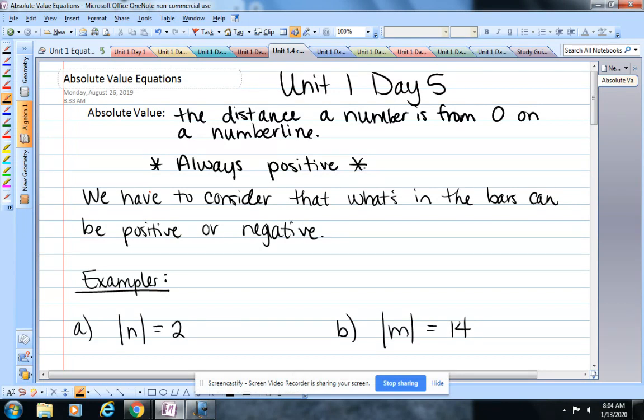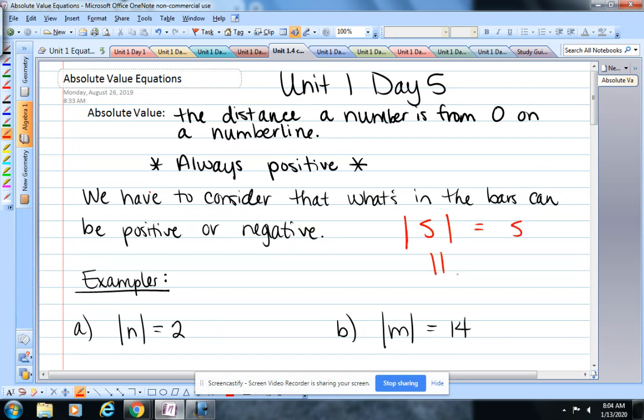All right, so the way we see absolute value demonstrated as far as symbols go are these straight bars, okay? Those are called absolute value bars. Whatever's inside the bars, we have to consider that being positive or negative. Because what's the absolute value of 5? 5.